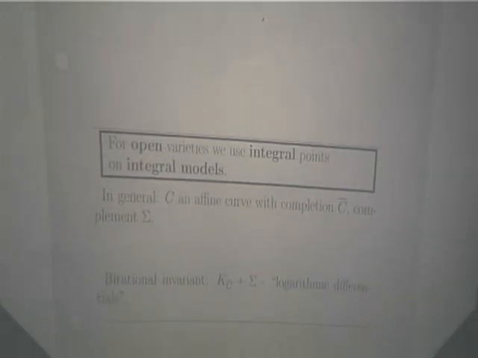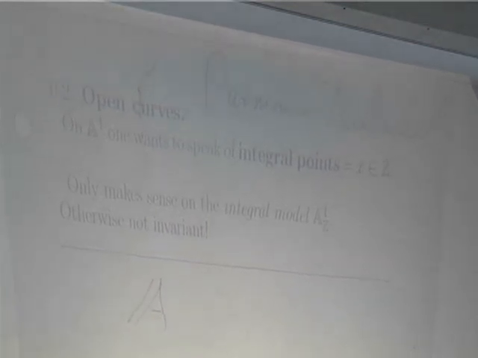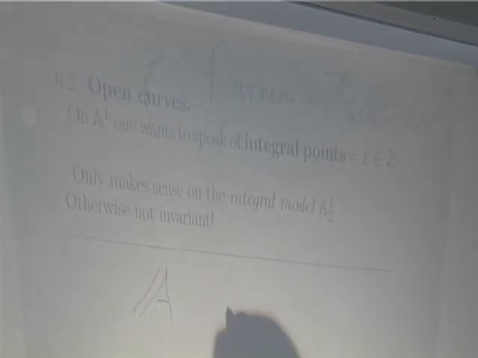But there is something, for instance, on the affine line, with just coordinate x, you can be interested in the integer coordinates. And integral points are indeed interesting on the affine line, but you have to be careful. Because the affine line is defined over the rational numbers, so you can cook up an automorphism of the affine line which sends x to 1/2 x.